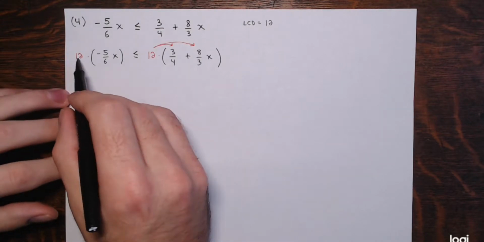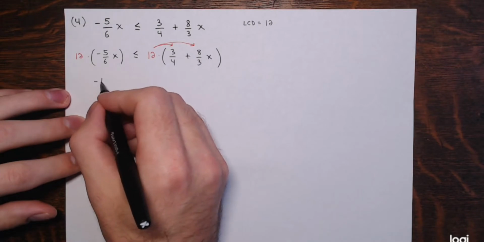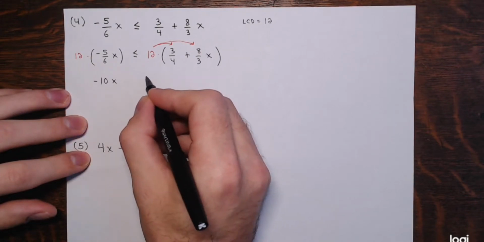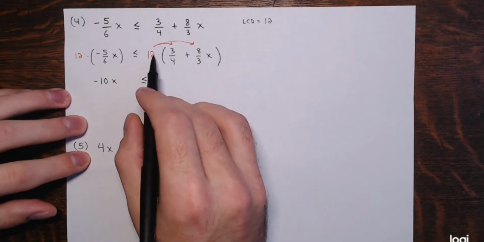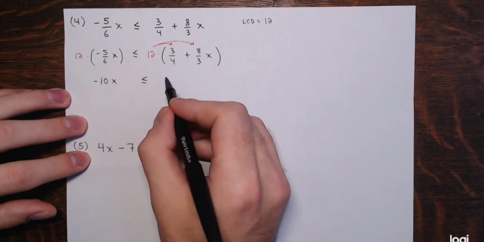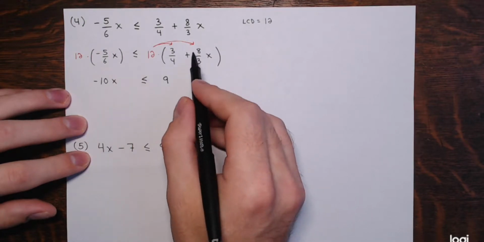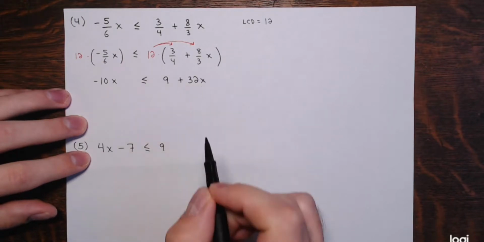You have, 6 goes into 12 twice, 2 times negative 5, you have negative 10x on the left, and again, the symbol didn't change, is less than or equal. Now 12 times 3/4 is 9. And then 12 times 8/3 would be 32. So you have 32x there.